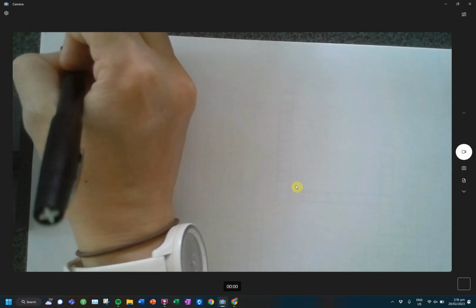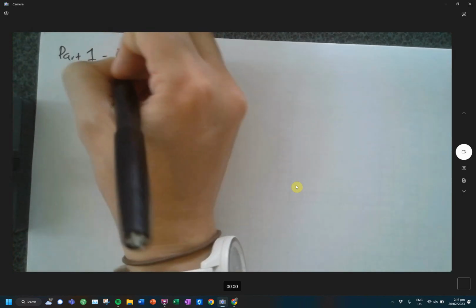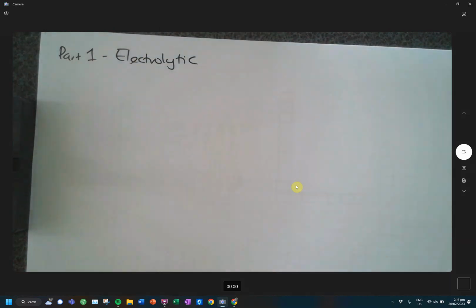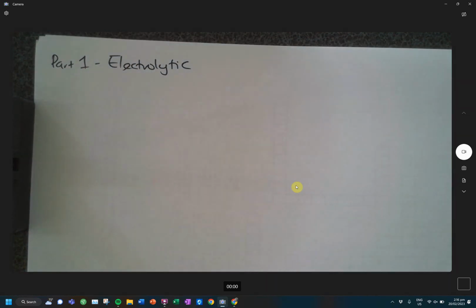All right, so let's start with what you need to have for just the electrolytic cells. So what's going to happen is on the assessment, you'll be told that this is part one, and it's the electrolytic. The other thing I will provide for you is a diagram of an electrolytic cell.